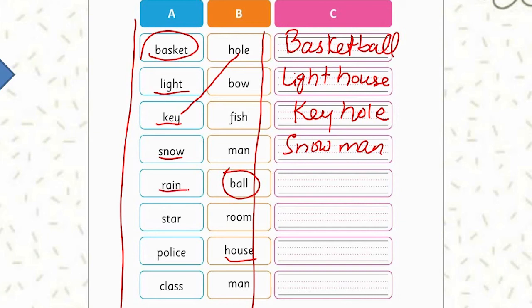The rain here. It's very easy. Yes, the rainbow. The star here. Yes, it is talking about the starfish.